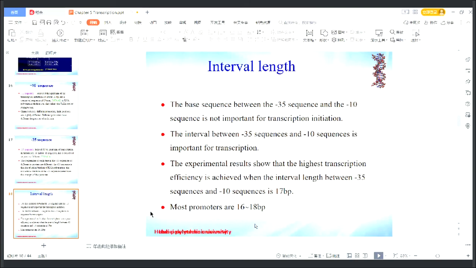The interval between the negative 35 sequence and the negative 10 sequence is important for the transcription and regulates the transcription speed.